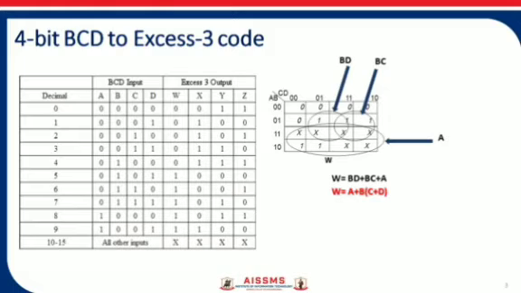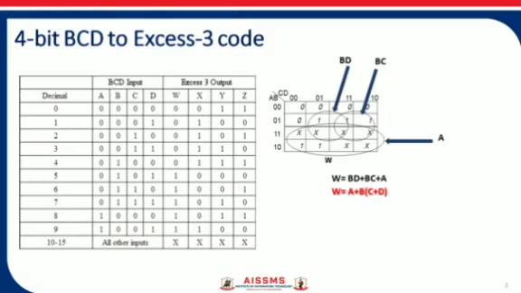After that, the next step is to calculate the expression for each term. For example, the input bit sequence for BCD is A, B, C and D. D is the LSB and A will be the MSB.